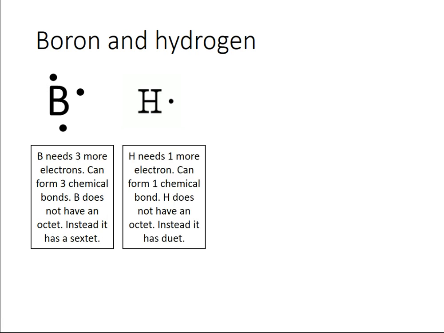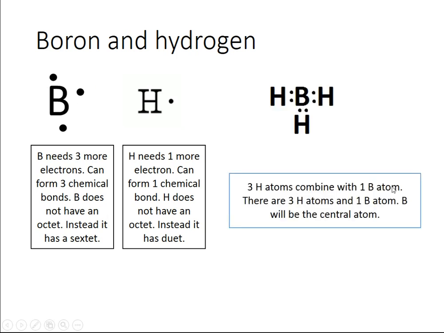So hydrogen needs 1 more electron. It can form 1 chemical bond. Hydrogen does not have an octet. Instead, it has what we call a duet. When it has 2 electrons here, it is complete. So this will pair here. We need another one to pair here. We need another one to pair here.